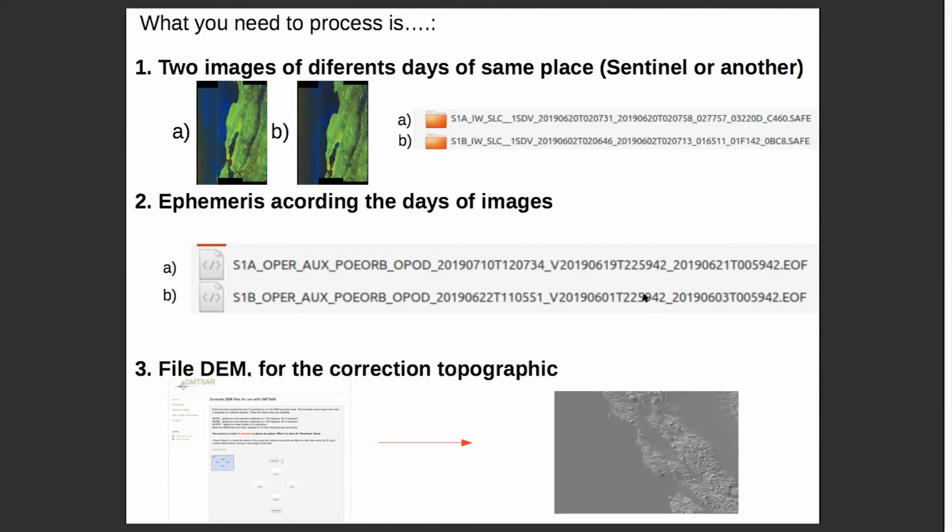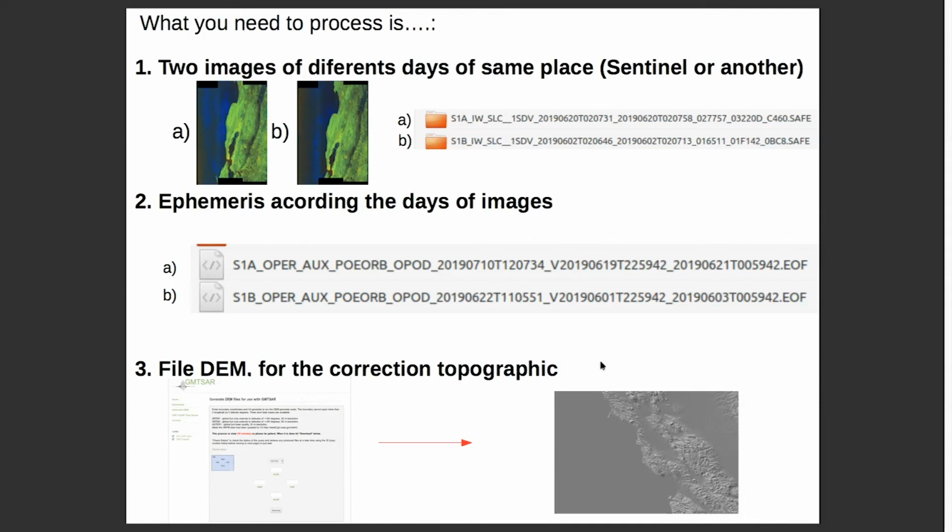Then we need the DEM, the digital elevation model. You need to visit the GMTSAR website to download this data.